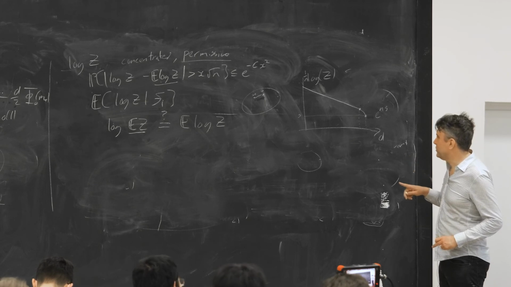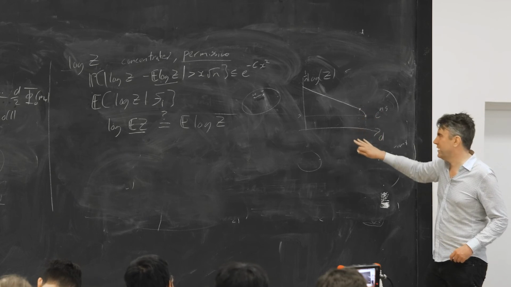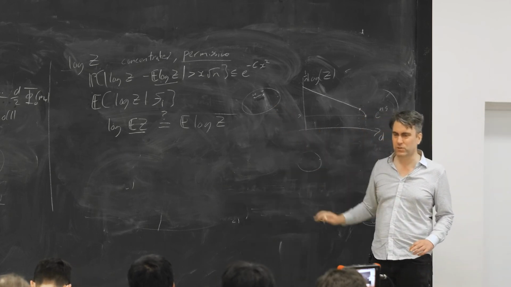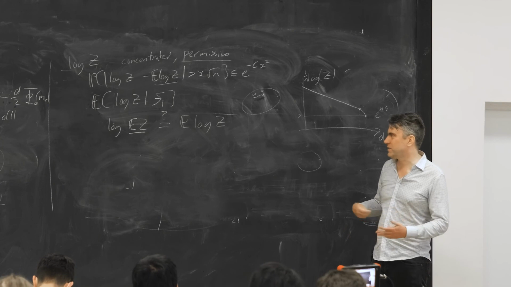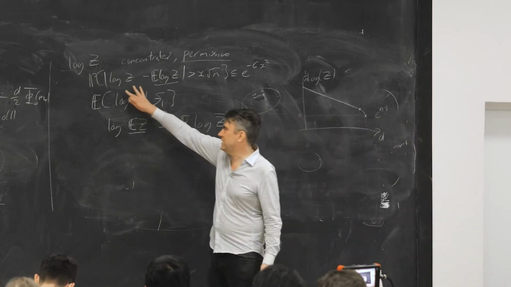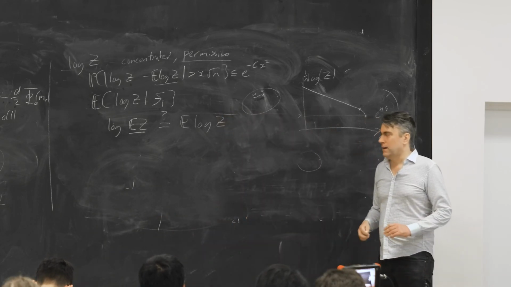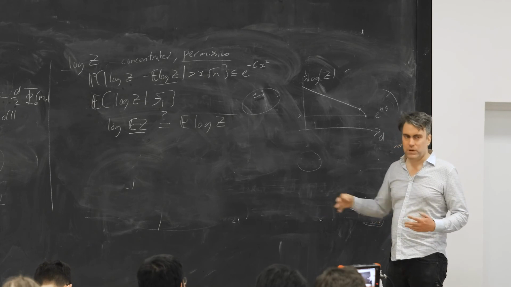Okay, so for something like colorings, this concentration may not hold. Although in the case of colorings, we'll find that log Z still tends to be very concentrated. But that will require quite a bit more work.